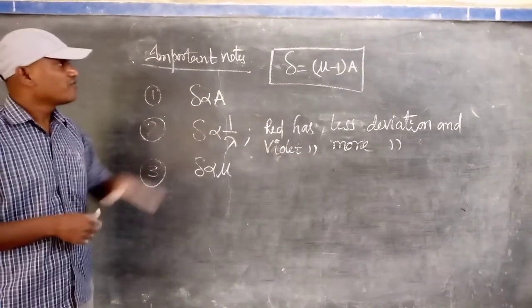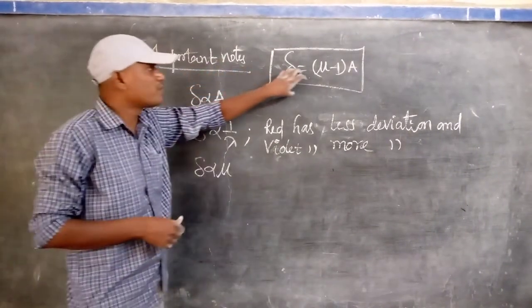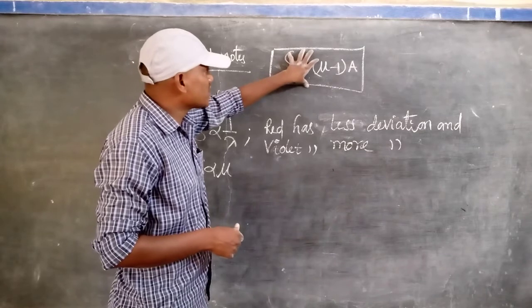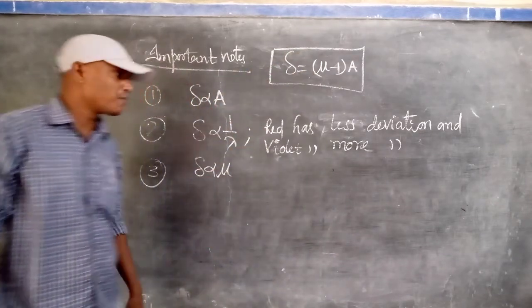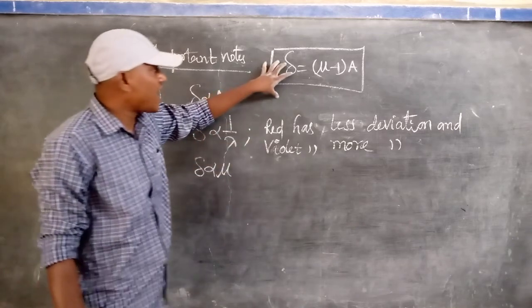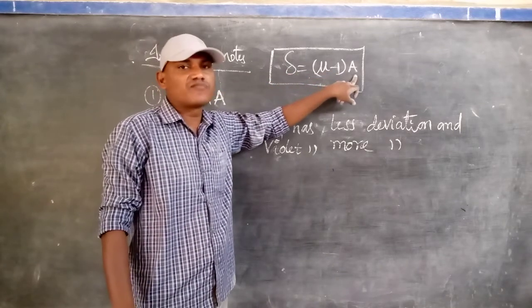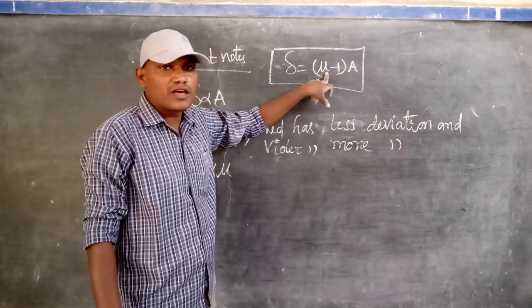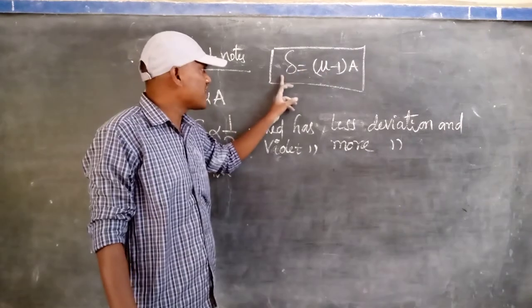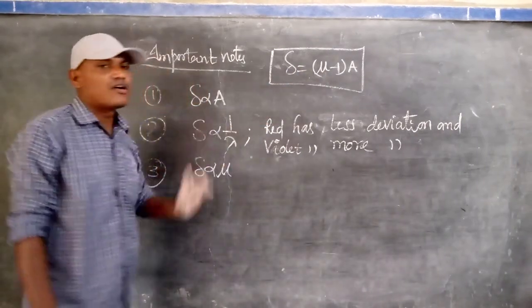From the angle of deviation produced by the small prism, you can get this formula. By using this formula, we can write some important points. The deviation angle is directly proportional to the angle of the prism, directly proportional to the refractive index, and inversely proportional to the wavelength.